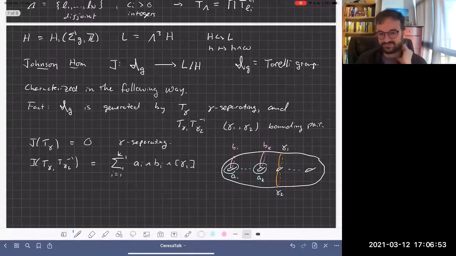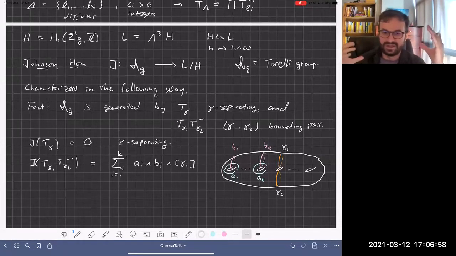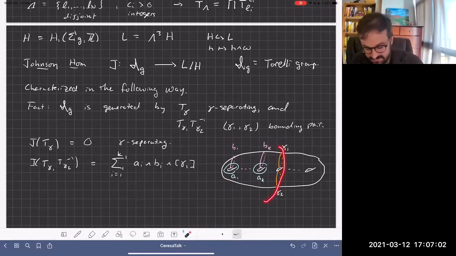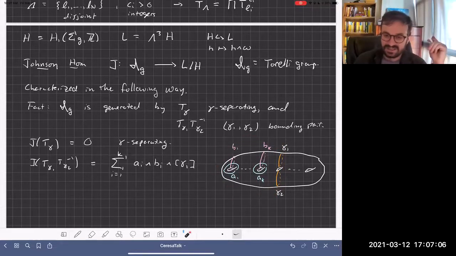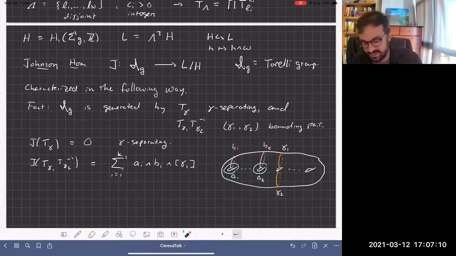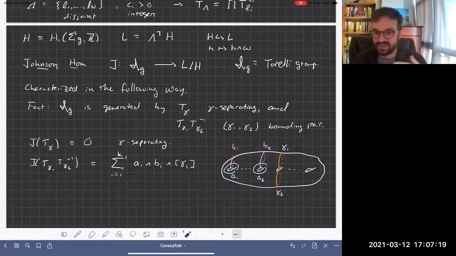Basically what you're doing is taking the symplectic form on the largest symplectic subspace of the homology of this half of the surface, and you wedge it with, for example, the homology class of gamma 1. It doesn't matter if we had done gamma 2, because these form a bounding pair, so they define the same homology class.